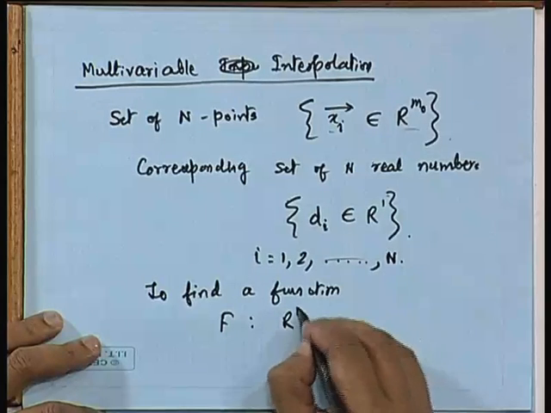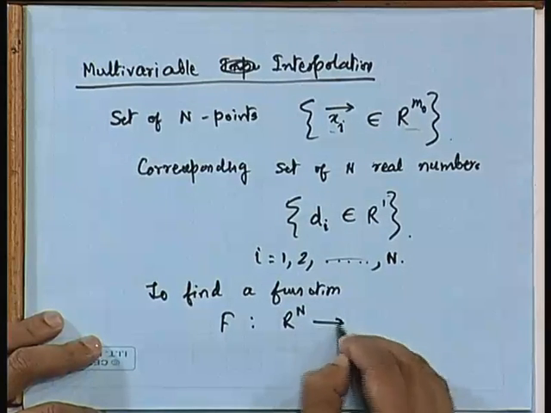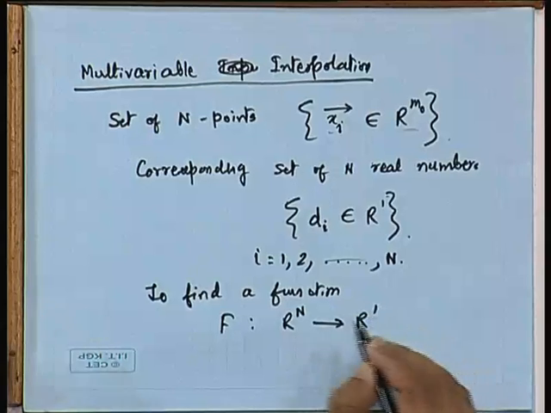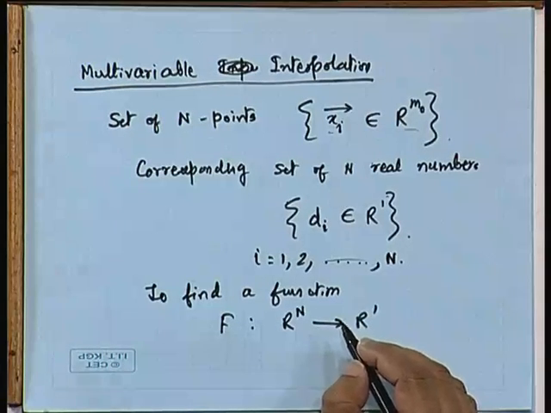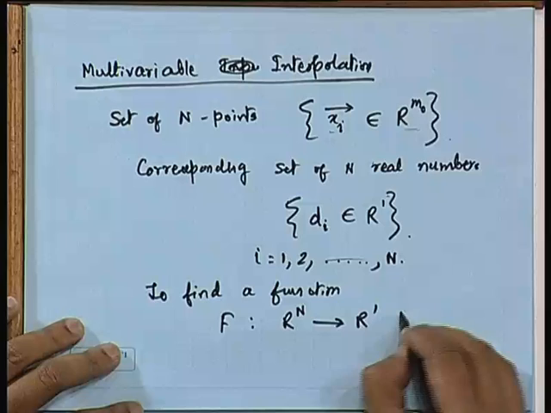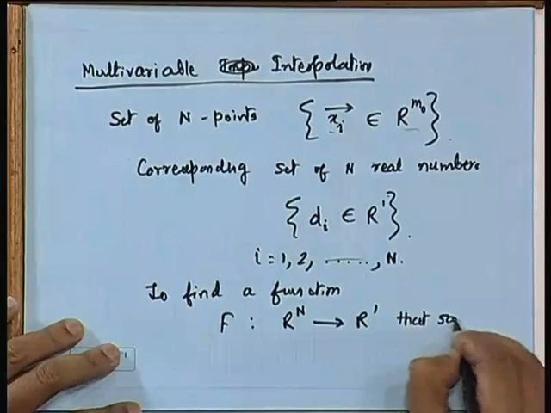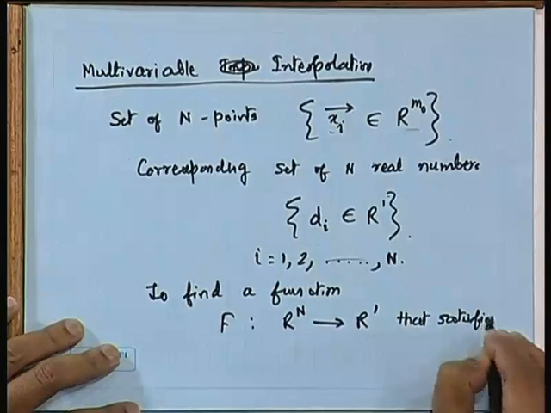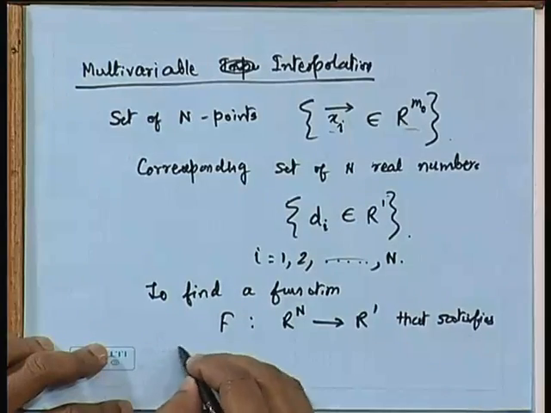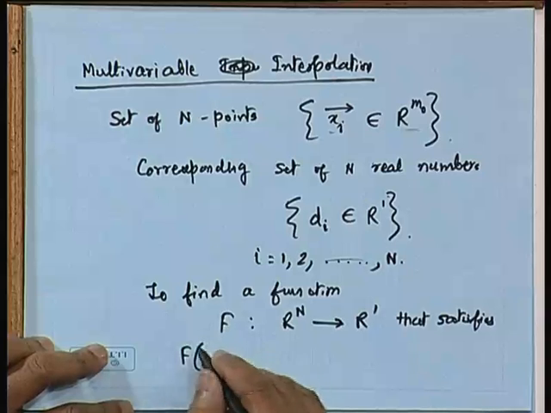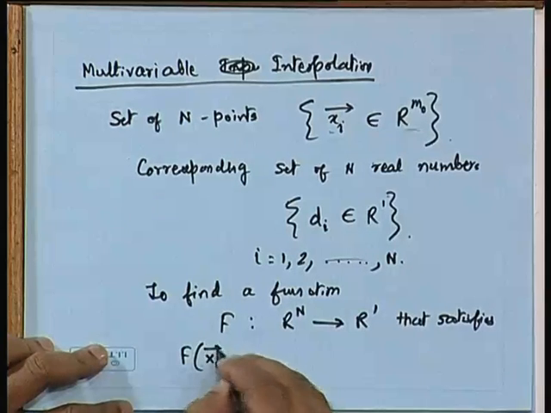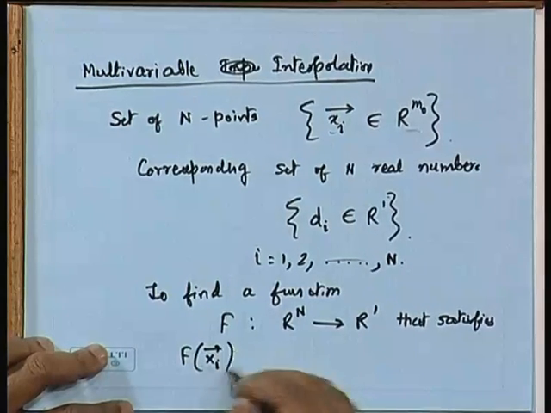So, it is a mapping from this M0 dimensional real space to 1 dimensional real space that satisfies what? That satisfies all the training points, that means all the constraint points should be satisfied. So, we have to find a function like this, fulfilling the constraint that at the point xi we must have what?